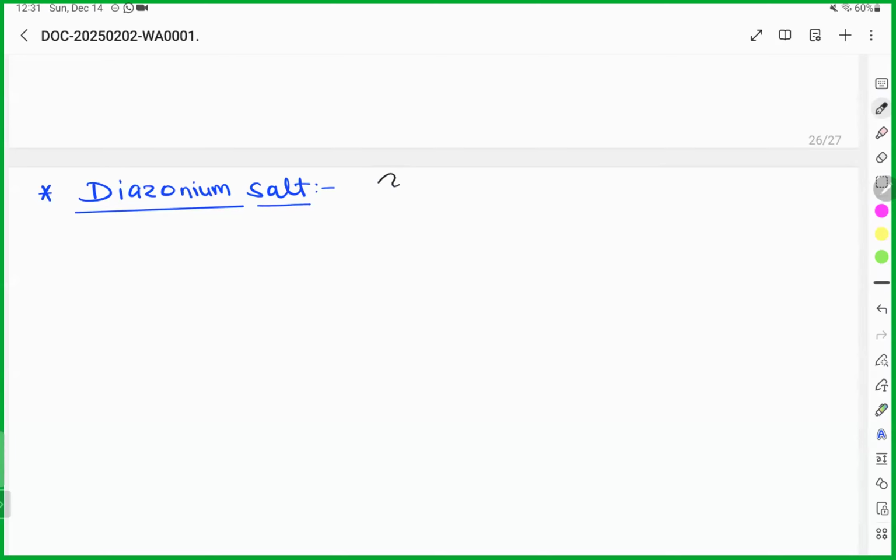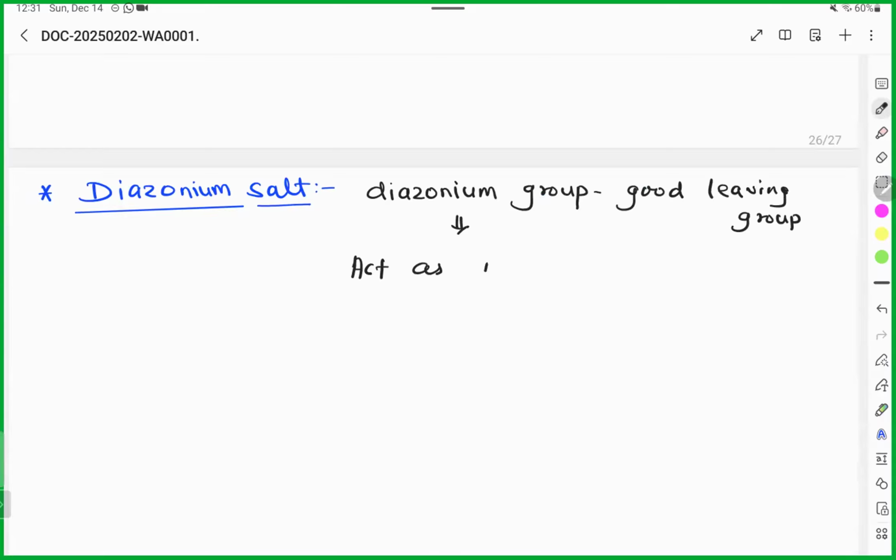In this case, the diazonium group is a very good leaving group. Remember this. Because of that, it acts as an intermediate for many reactions.